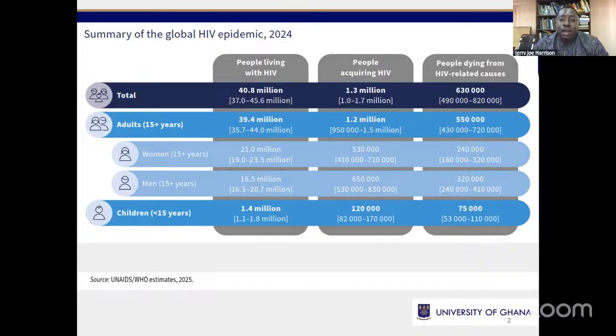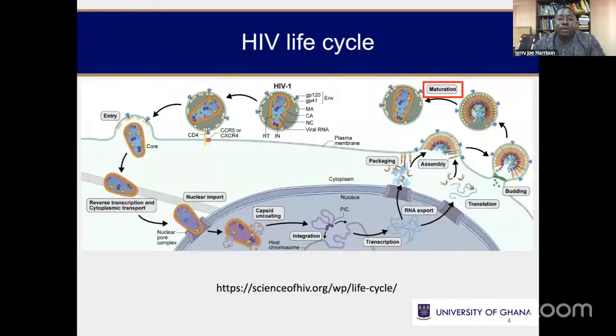And so that is where we started from. So we go back to review the life cycle of the virus and see where we could potentially target in terms of being able to develop new drugs for HIV.